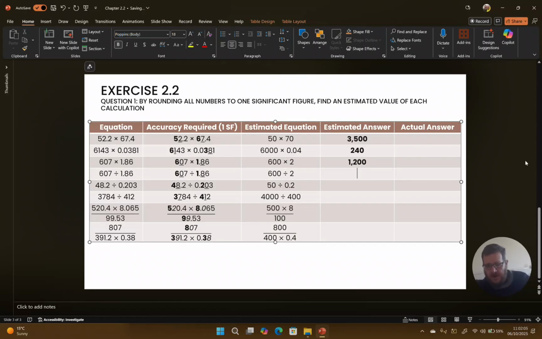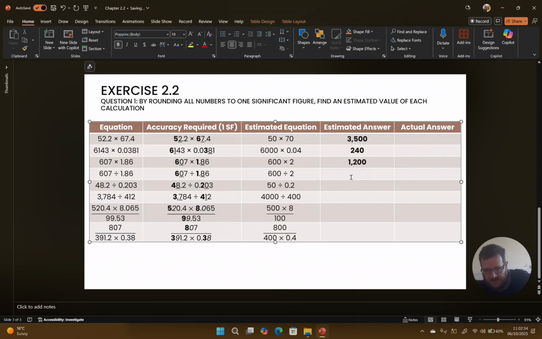Let's group up the thousands. And then this one is 600 divided by 2.